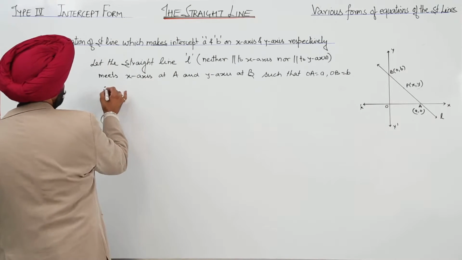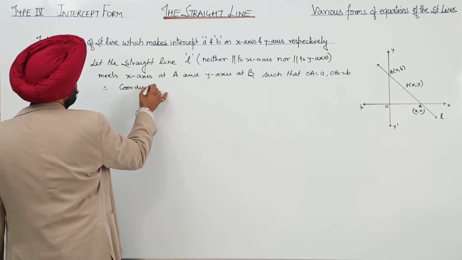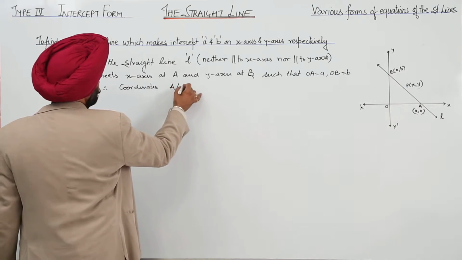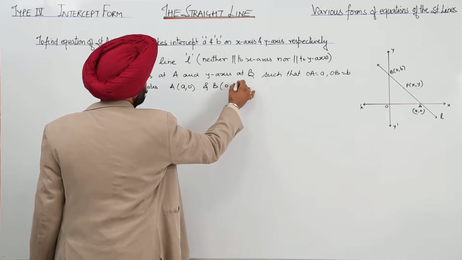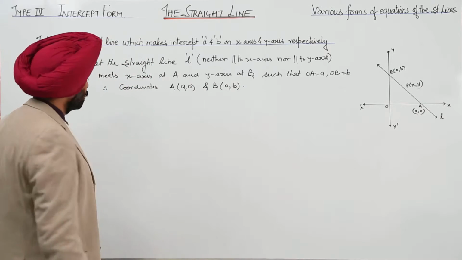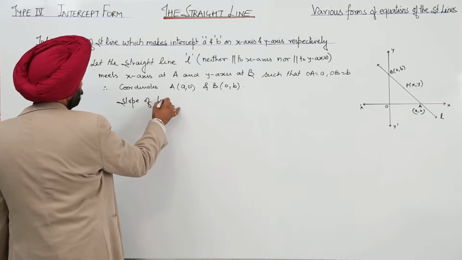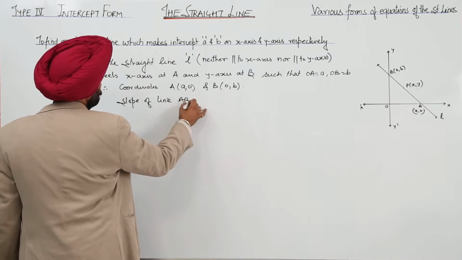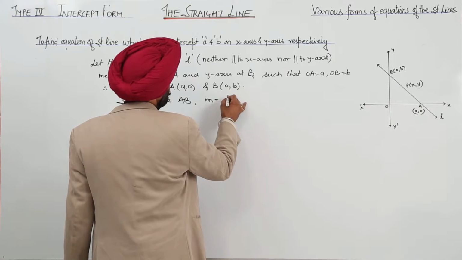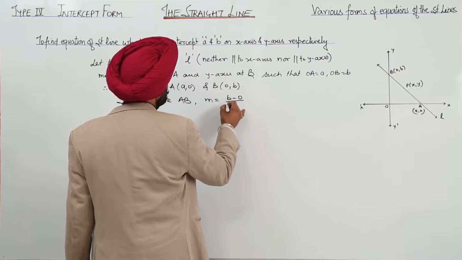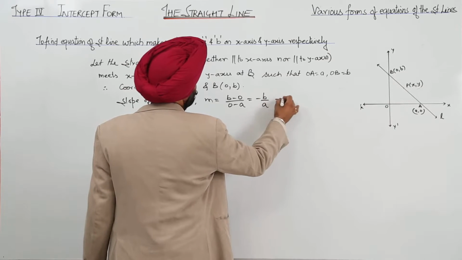Therefore, the coordinates of A are (a, 0) and of B are (0, b). Now the slope of line AB, say m, is (b minus 0) upon (0 minus a), which is equal to negative of b upon a.